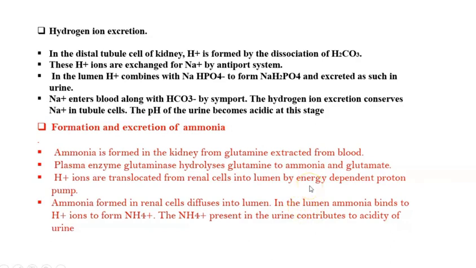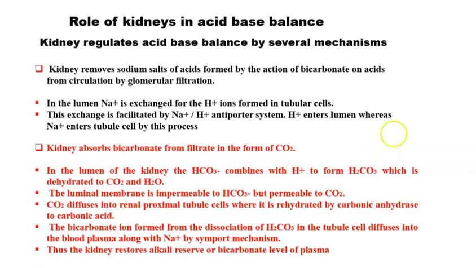We have 4 mechanisms that I used in the explanation. If you can still remember, I explained mechanism number 1, how sodium is removed at the cost of filtration in the plasma, and how bicarbonate is absorbed.